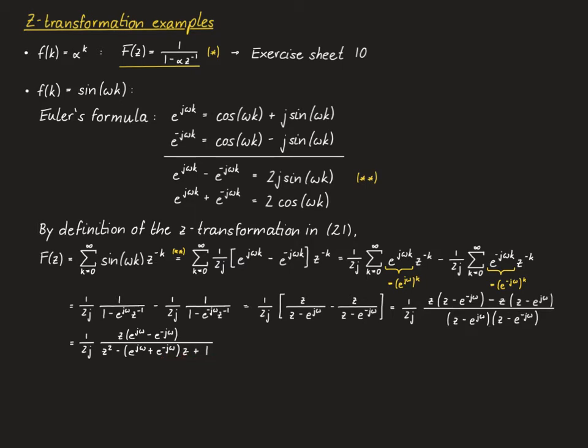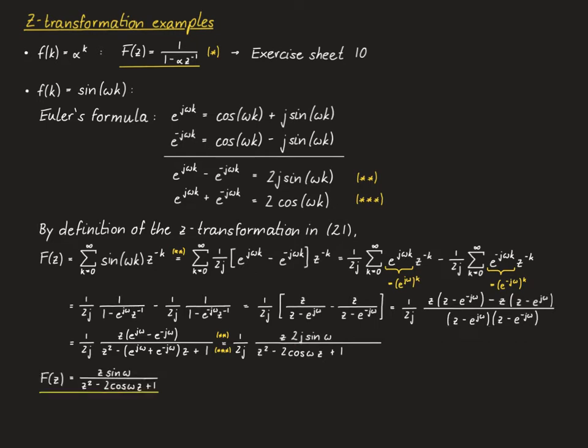By substituting k equal to 1 into equation star star, we notice that the expression in this bracket here is equal to 2j times sine of omega, and similarly by substituting k equal to 1 into equation star star star, which is this equation here, we notice that the expression in this bracket is given by 2 times cosine omega.